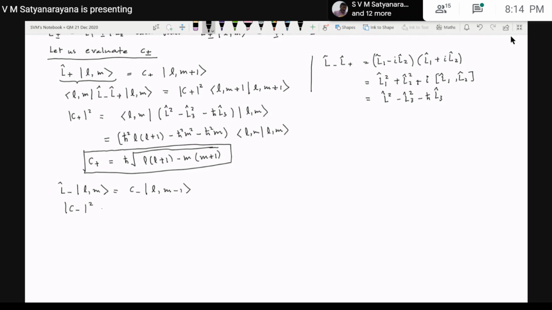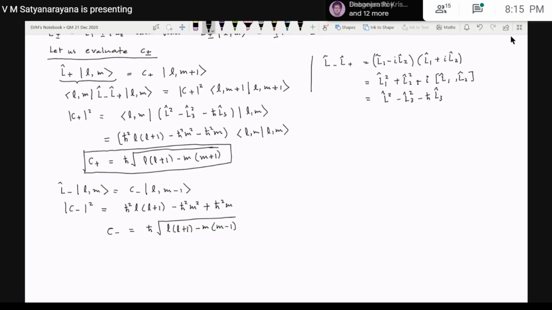This will be equal to h bar square L into L plus 1, this factor will remain the same, minus h bar square M square, that will remain the same, but here you will have plus h bar square M. So C minus will be equal to h bar times the square root of L into L plus 1 minus M into M minus 1.